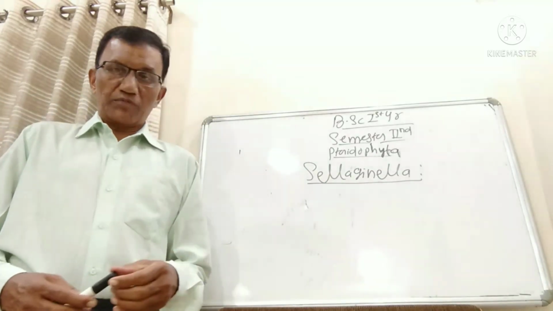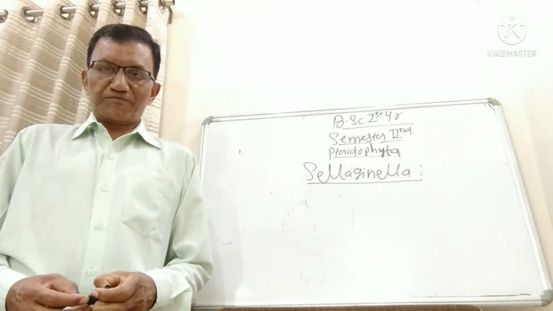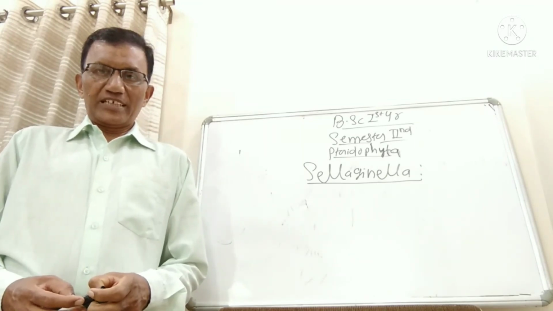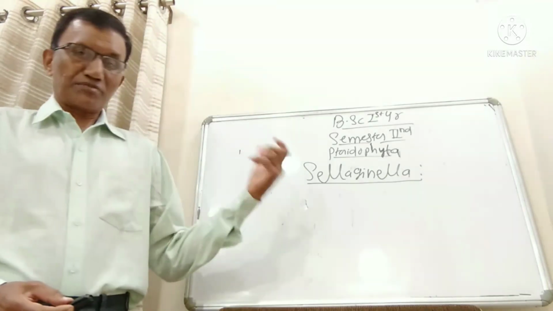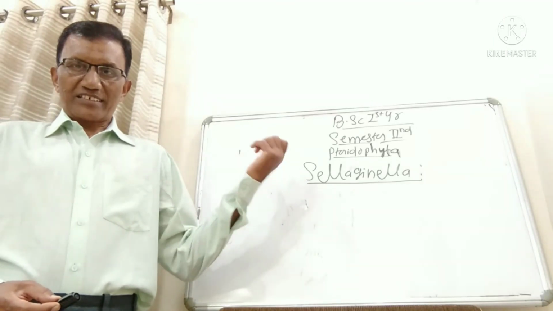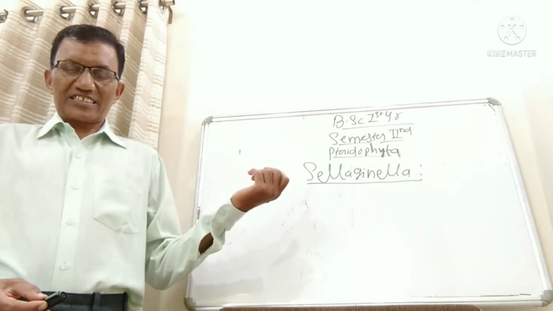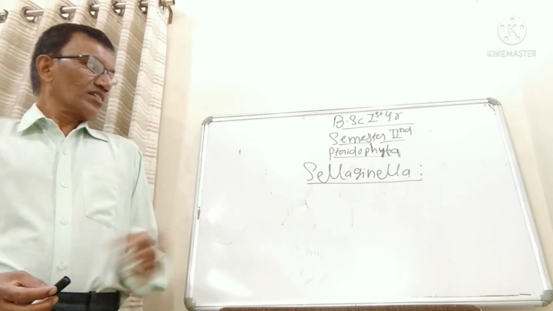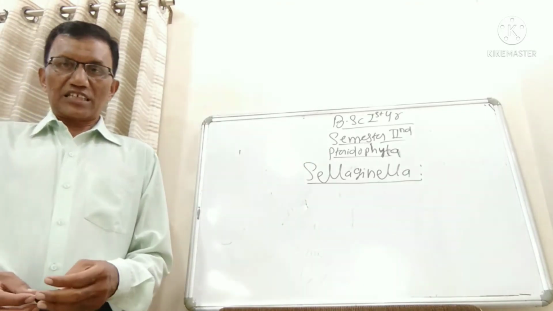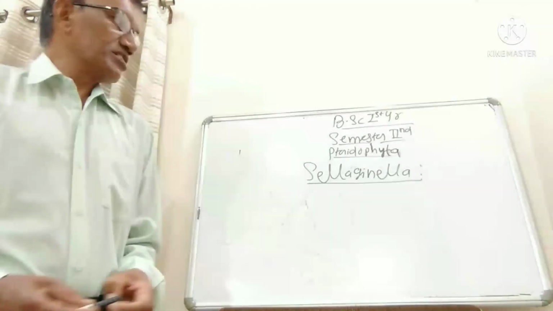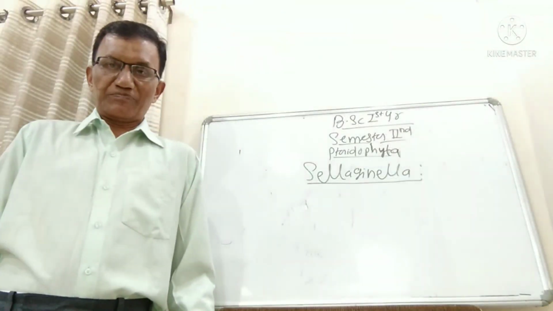With this, today I am going to conclude this lecture. Tomorrow I will describe in detail the classification, occurrence, external characteristics and internal characteristics of Selaginella, and after that the third example mentioned in your syllabus, that is Equisetum.